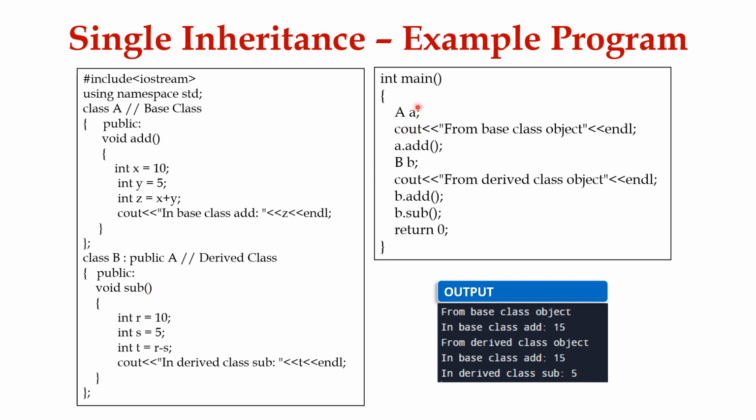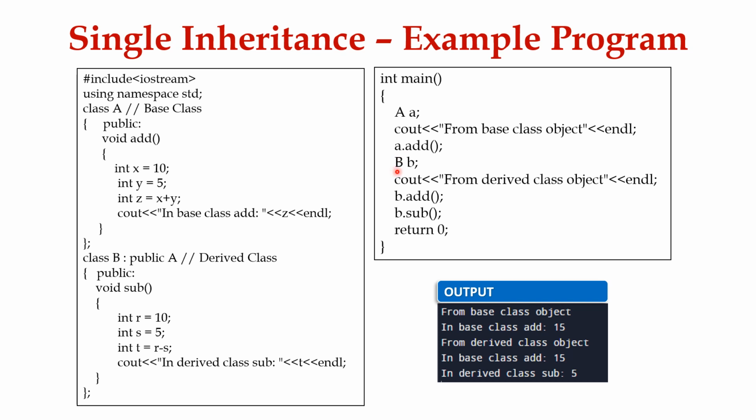In the main program, we can see that we have declared the object small a for the class capital A. Using the cout statement, we have displayed that from base class object to the user. Then we have accessed the member function add using the object of the base class, small a.